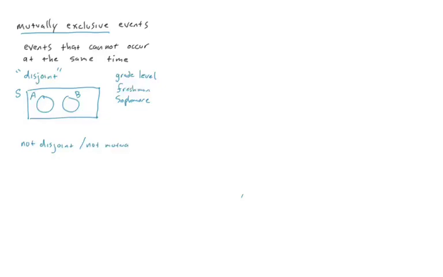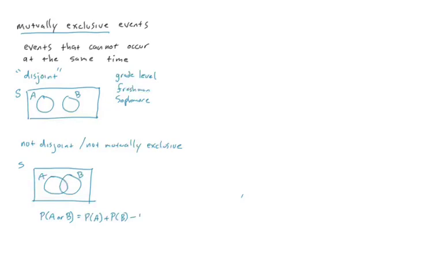If it's not disjoint or not mutually exclusive, then we'll have a picture like the Venn diagram that we're used to drawing where there is an overlap. And if you recall, this is with the formula: probability of A plus probability of B minus that intersection portion there.